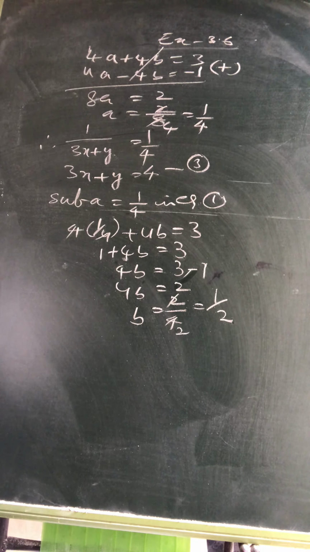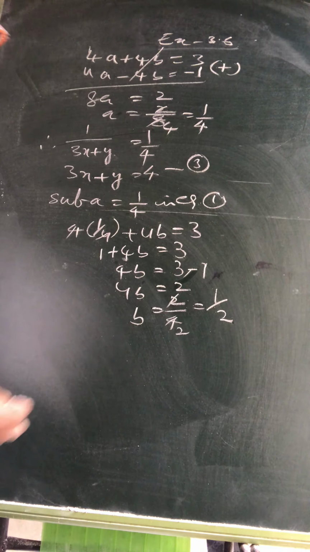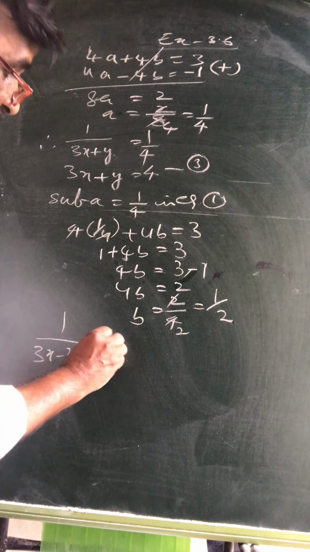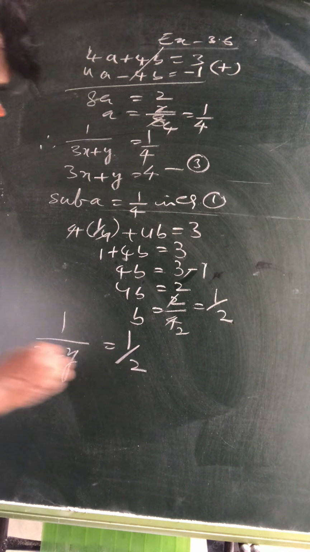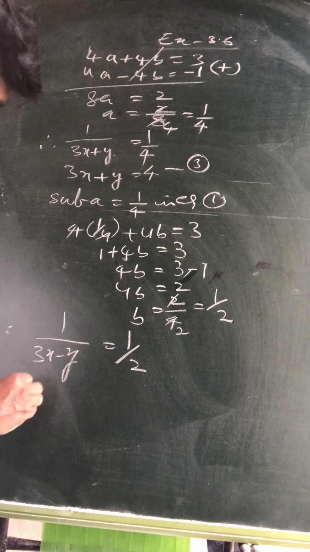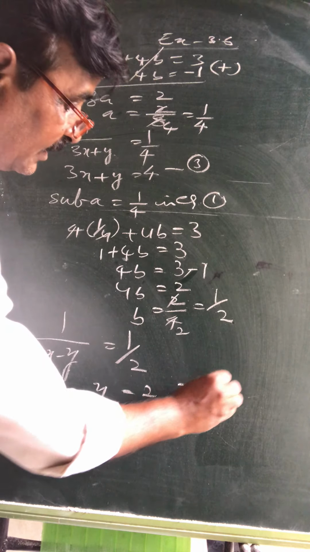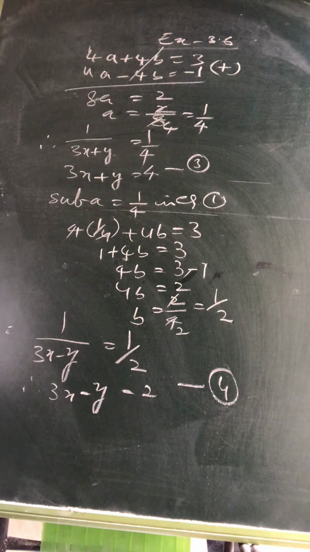You got b is equal to 1 by 2. So b is what? 1 by 3x minus y is equal to 1 by 2. Therefore, 3x minus y is equal to 2. It is the fourth equation.